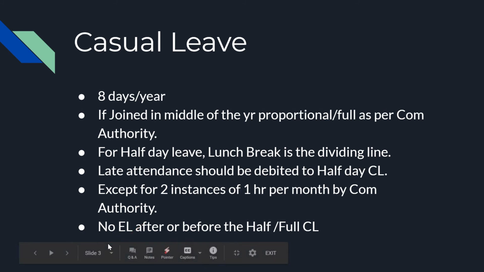No EL after or before half or full casual leave. As I mentioned earlier, casual leave should not be combined with EL. For example, an employee is on leave on Friday afternoon, and again he has taken EL on Monday and Tuesday, 2 days. Here the person is not reporting on the next day.